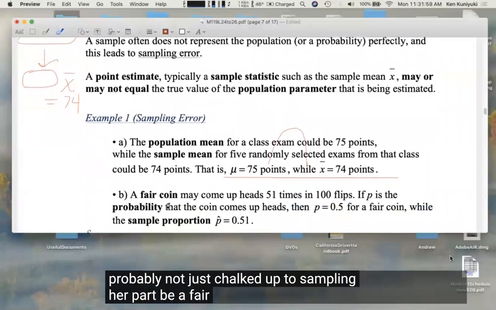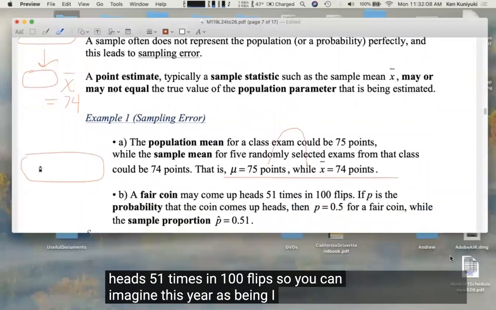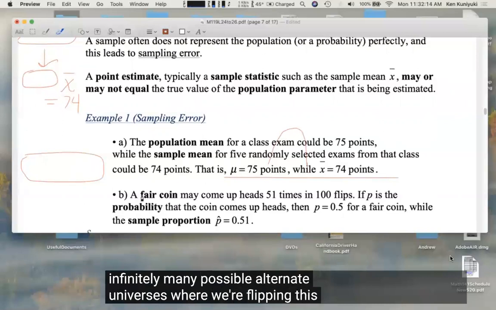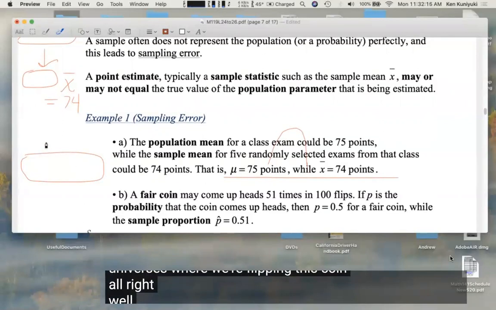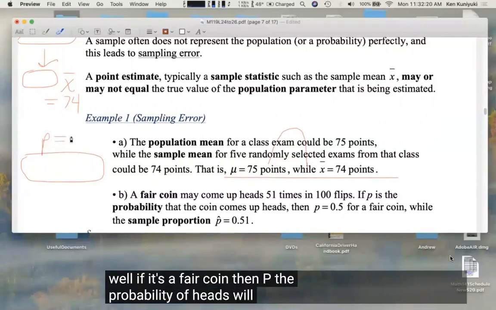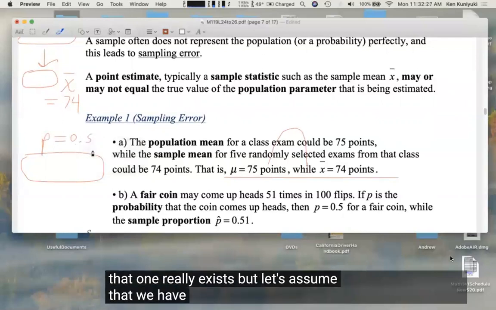Part B, a fair coin may come up heads 51 times in 100 flips. You can imagine this as infinitely many possible alternate universes where we're flipping this coin. If it's a fair coin, then p, the probability of heads, will be 0.5. Let's assume that we have a perfectly fair coin, not that one really exists.